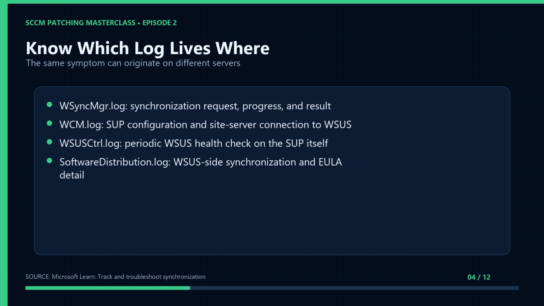Run one synchronization and verify a clean completion in WSyncMgr without the original error. Confirm expected update metadata appears in the console, content version advances appropriately, and client policy can later receive the current software update point location. Document the root cause, exact change, before and after evidence, rollback plan, and prevention.